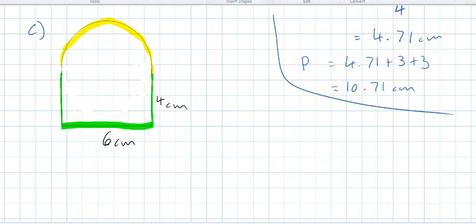What we have, although we haven't been told it, is this diameter of a circle here, which is the same as this number down here. It's 6 centimeters. So our circumference is equal to pi d. This is using the other equation because we haven't been given the radius, we've been given the diameter. So we say pi d. However, the yellow section I've highlighted is only half a circle, whereas pi d gets us a full circle.